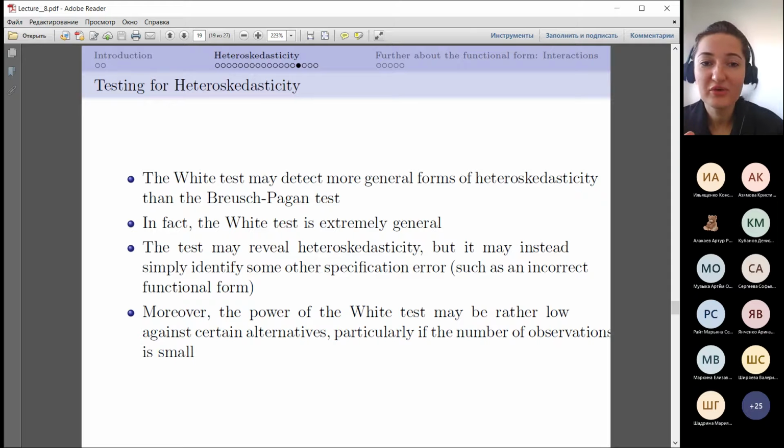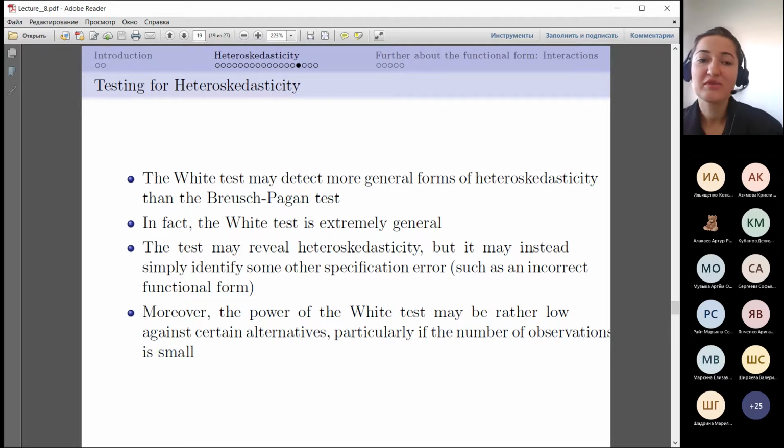So first of all, before you run any tests, before you run any approach to detect the heteroscedasticity, please be sure that you have the correct functional form of your model. This is the first step, okay?